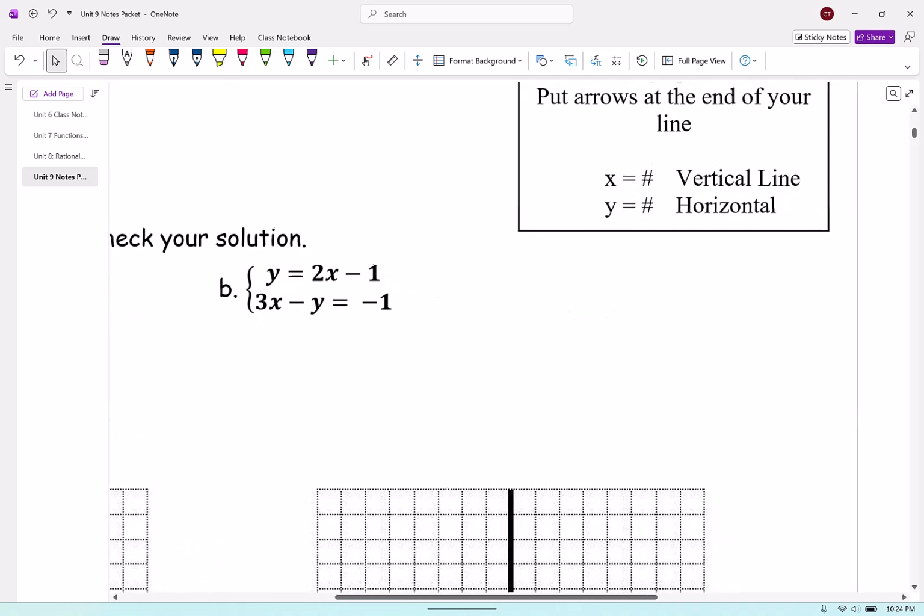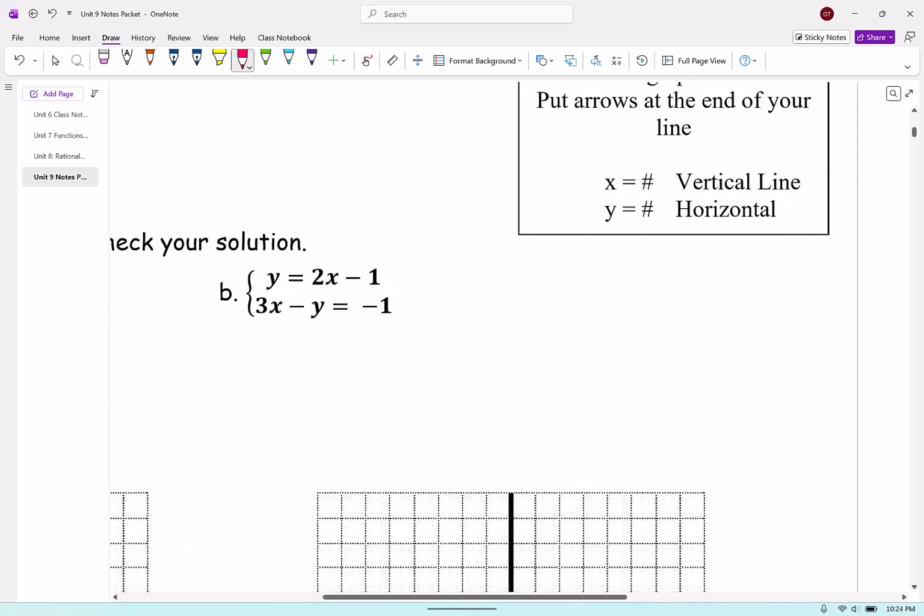Let's try another one. We'll use red again. I have m equals 2 and (0, -1) for my y-intercept. Now here, I don't have y by itself, so to put it into that form I have to rearrange. I'll subtract 3x, giving negative y equals -3x minus 1.